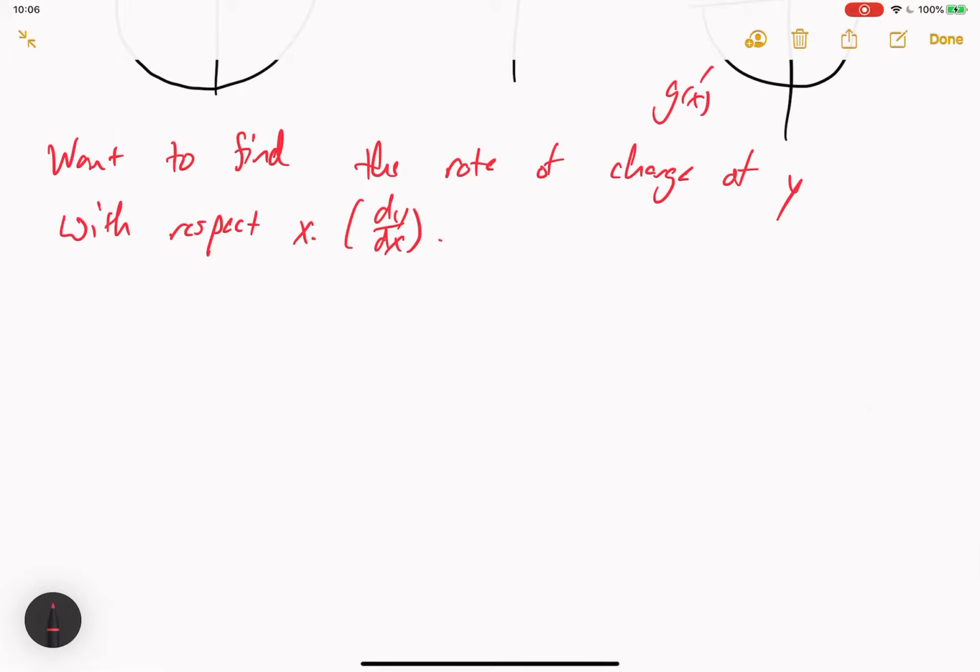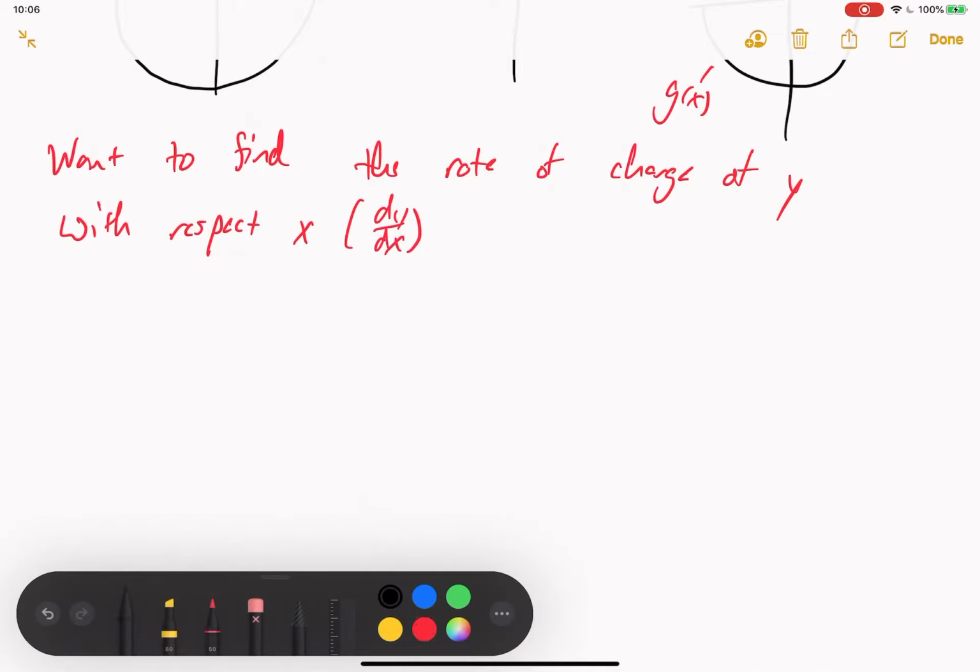So typically we solve explicitly for y, but we don't need to do that. So let me just write that.